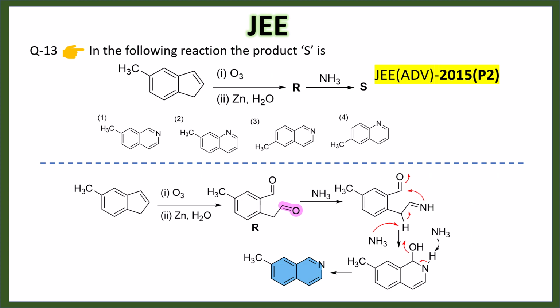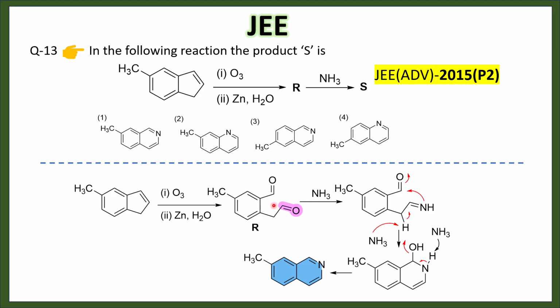Now coming to question number 13: in the following reactions the product S is... Ozonation first. Let's do that. It gives two carbonyls, meaning aldehydes, and then ammonia undergoes addition to the more reactive aldehyde.